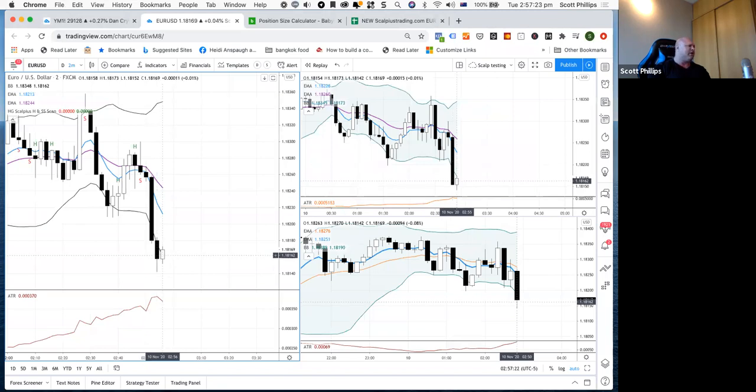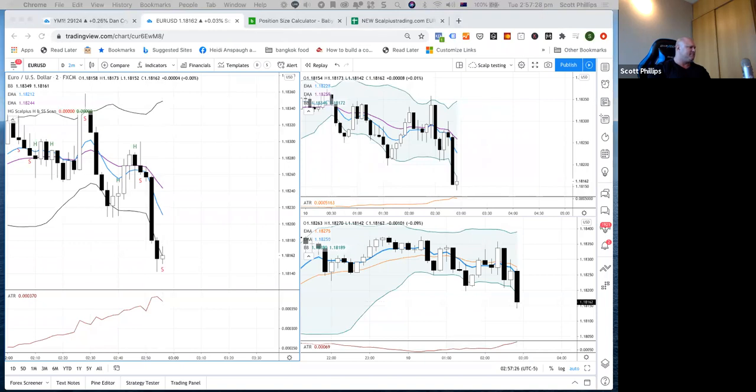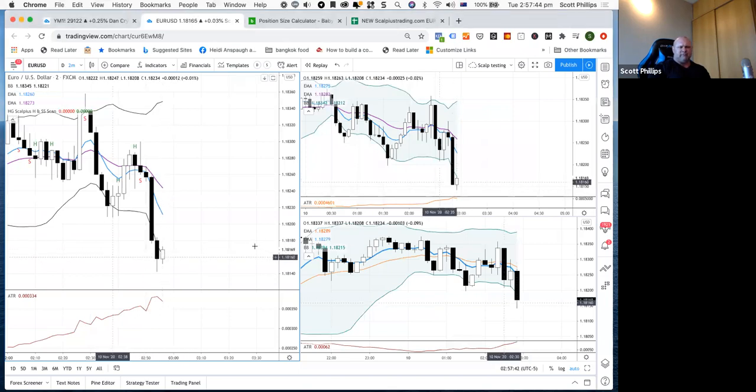Okay, so it's now 3.5 for 4, so I would have to adjust the position size, which I'm doing. All right, so if this closes a hammer, it's not going to close as a hammer, so I don't have to worry about that. 10 seconds to go, not going to close a hammer.